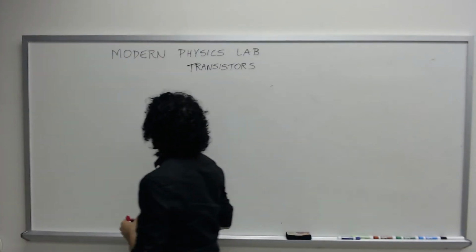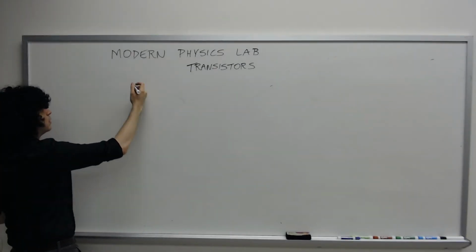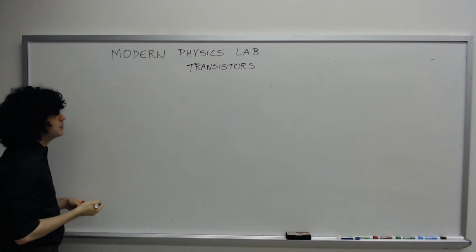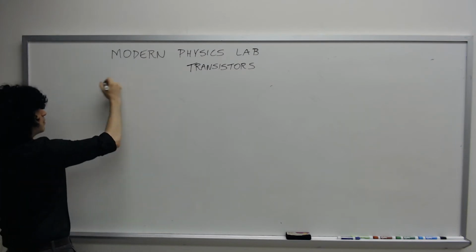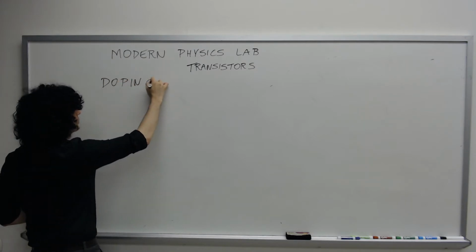Okay, so how can we control or place charges in a semiconductor? We can do it through what we call doping.